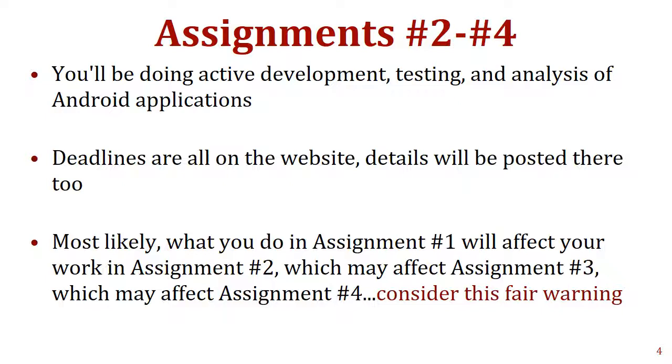There's one thing I have to warn you about. Because the 4 homeworks are designed as a whole process of understanding and analyzing Android applications, most likely what you do in assignment 1 will affect your work in assignment 2, which may affect assignment 3, and which may affect assignment 4.